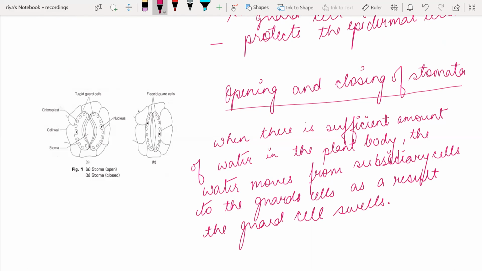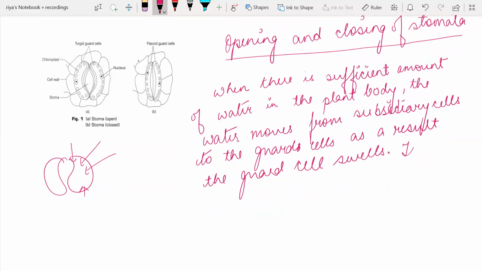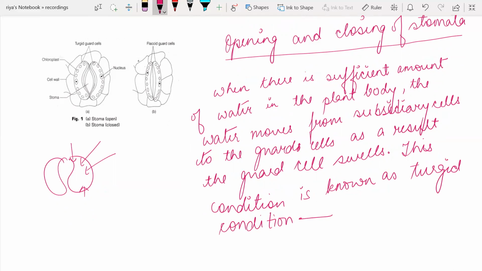Now see, if I draw a rough diagram, when water enters the guard cell obviously it will swell up, and that swelling condition is called turgid. When the guard cell swells, this condition is known as turgid condition. This condition leads to the opening of stomata.